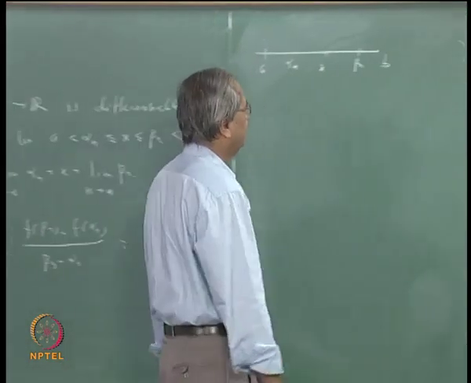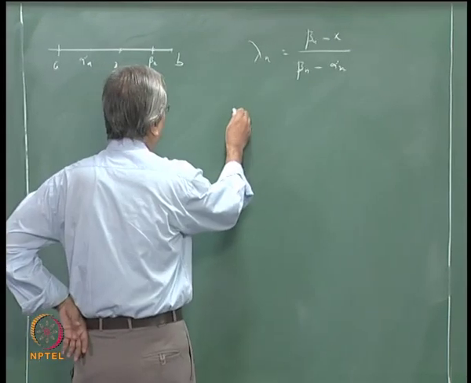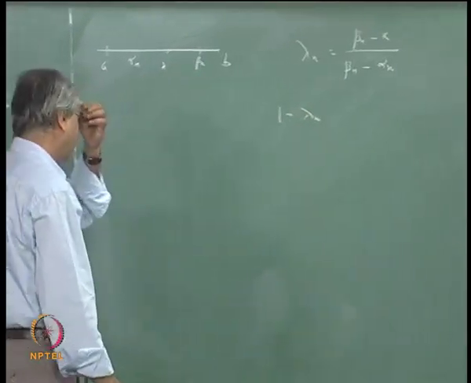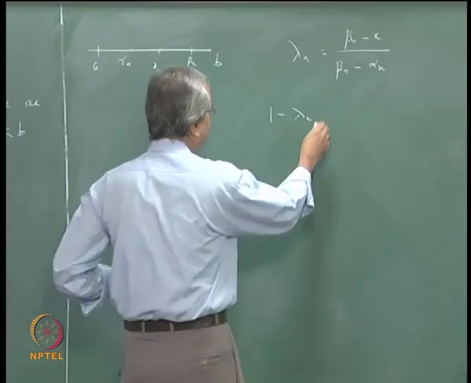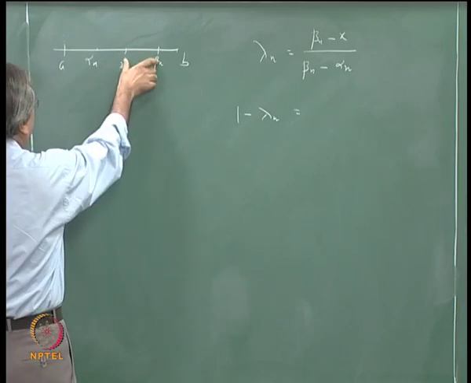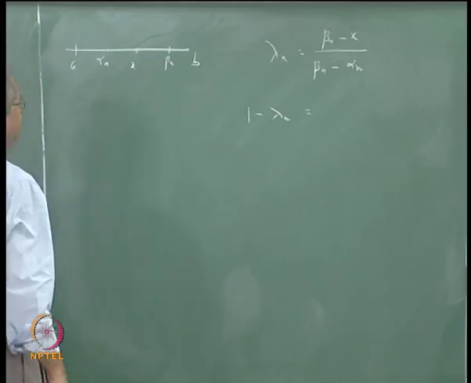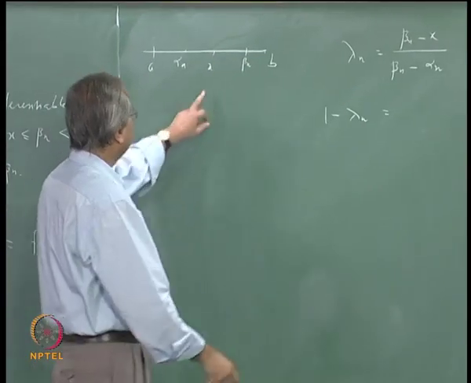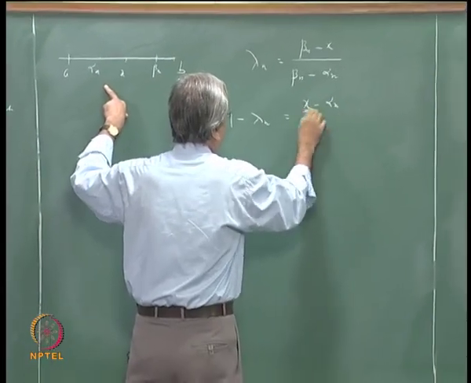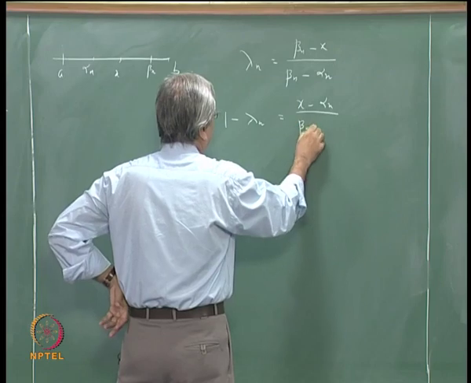Then you will see that 1 - lambda_n will be (x - alpha_n) divided by (beta_n - alpha_n), since lambda_n is beta_n - x divided by this whole distance beta_n - alpha_n.